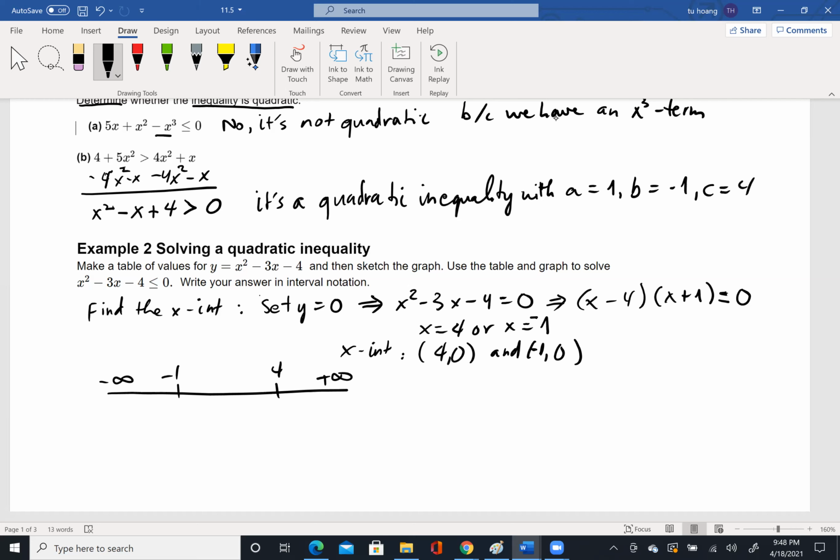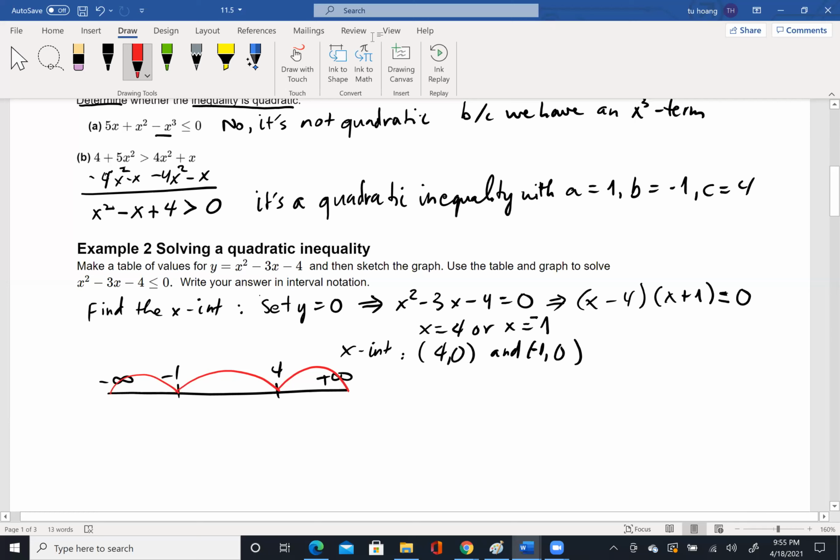I have split it into 3 intervals. Let's choose a test point on each interval.